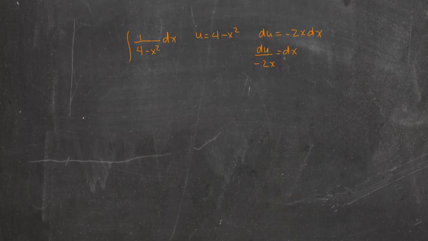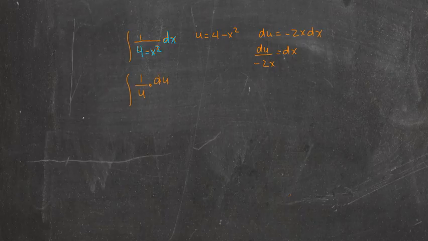So now I have something to plug in for my dx, and I have something to plug in for my 4 minus x squared, u. So let's go ahead and make that substitution. Well, that gives me 1 over, well, 4 minus x squared is now u. That looks good to me. And then my dx is going to become du.